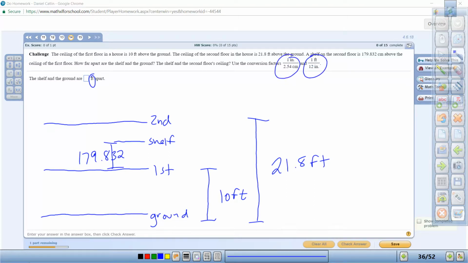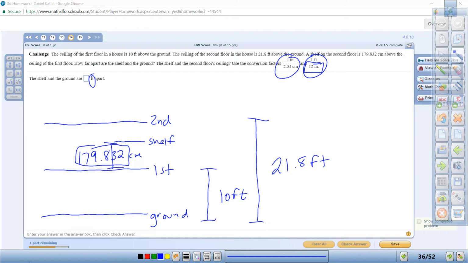If you convert these centimeters into feet, you're going to have to divide by 2.54 to change it to inches. So this number divided by 2.54 will convert it to inches, and then take that quotient and divide it by 12, because there's 12 inches in a foot, and that will give you how many feet this is.